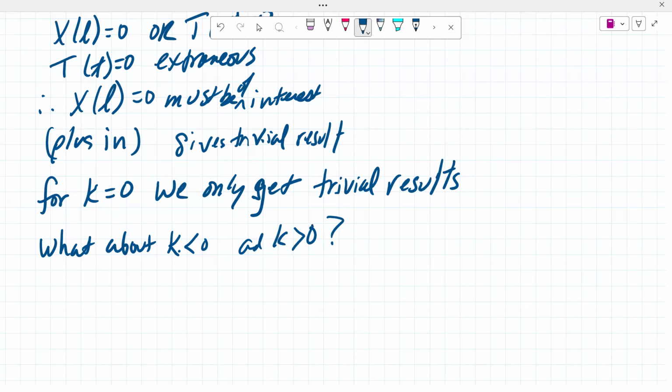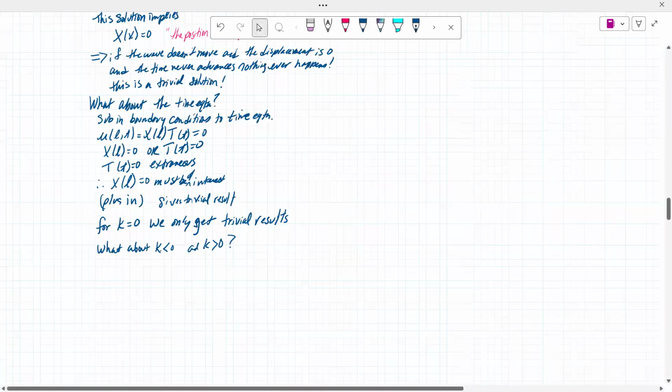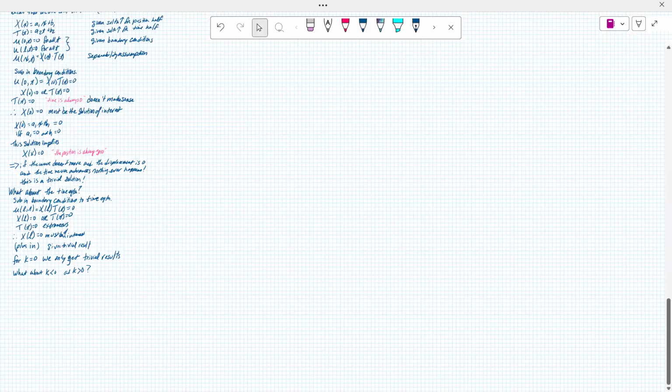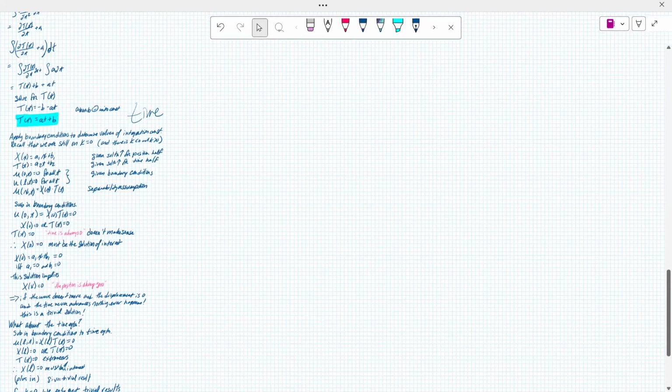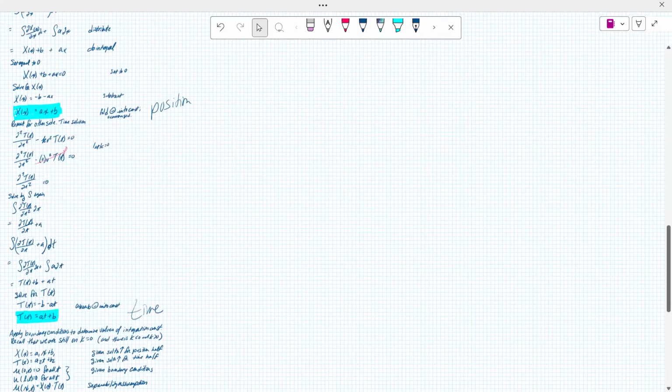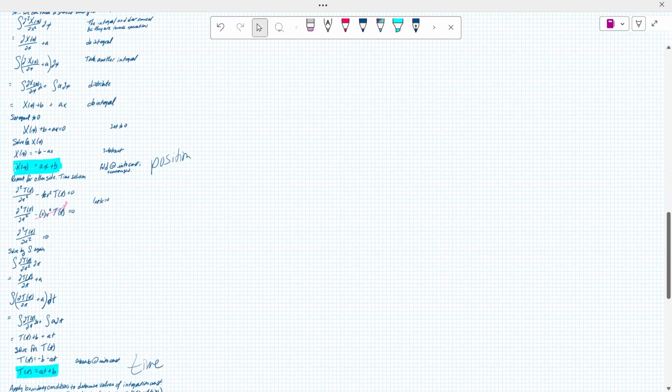Let's take a moment to review what we have talked about. We saw that we want to solve a simple problem that has to do with solving the equations.